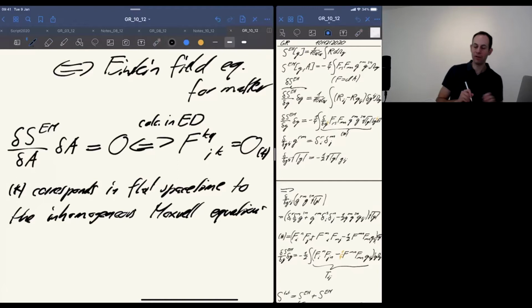You may now ask, why are they inhomogeneous? Because they are equal to 0.